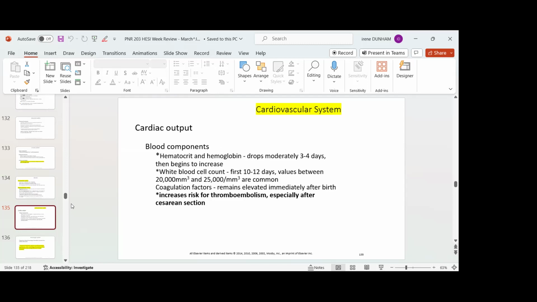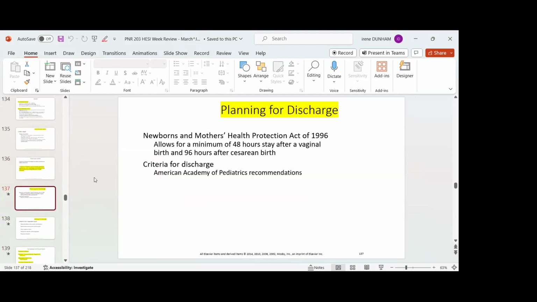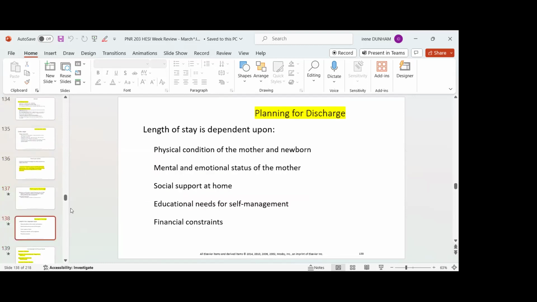What you have to be careful of is the increased risk of thromboemboli after delivery. And postpartum headaches could be caused by gestational hypertension, stress, and leakage. I told you about cerebrospinal fluid leakage during placement of either the spinal or the epidural, and so you have to be on alert for that. Okay.